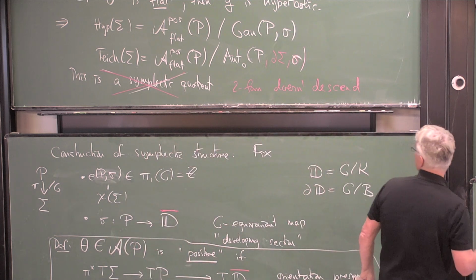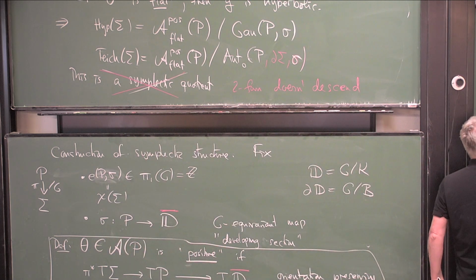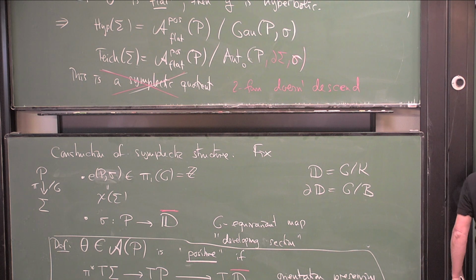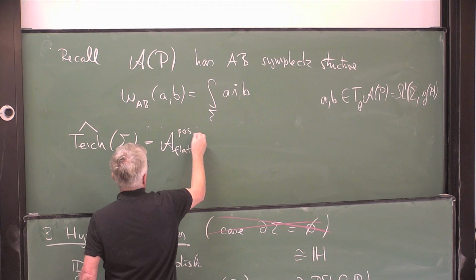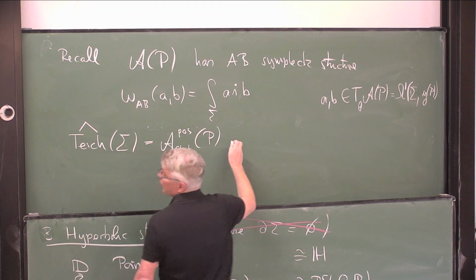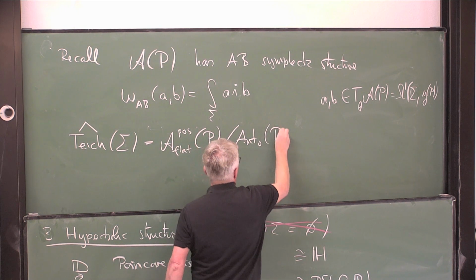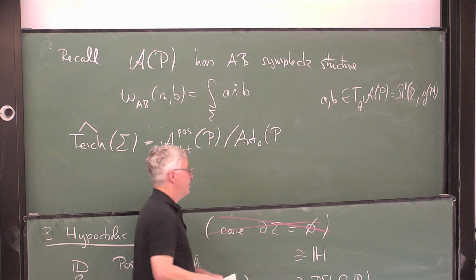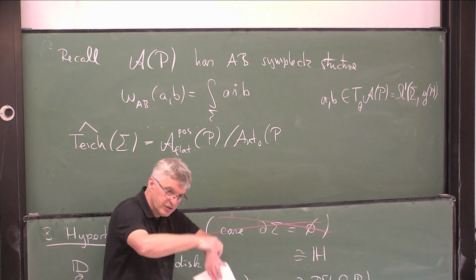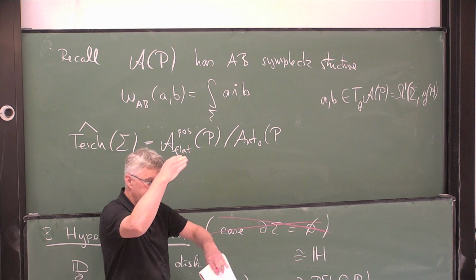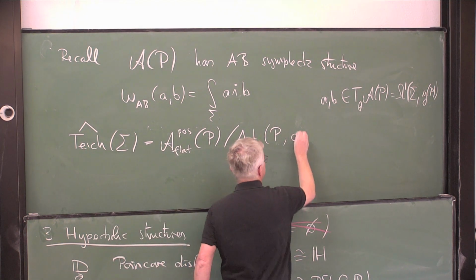So instead, what we're doing is a two-step process. We first define a space which we denote Teichmueller hat, where we take all these positive flat connections. Now we divide by automorphisms which not only fix the boundary pointwise, but also fix the entire boundary of P pointwise.